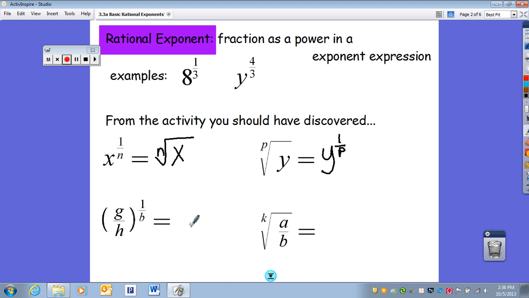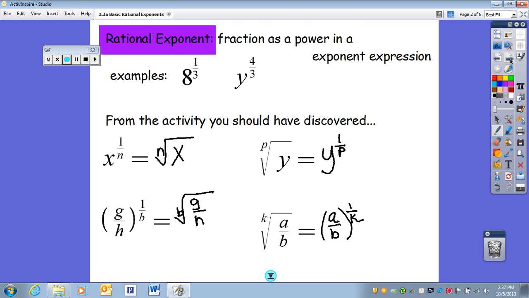When we have a fraction that is to the 1/b power, that's simply going to mean that that is the root and that the fraction is under the radical. And when we have a fraction under the radical, that fraction simply is taken to that power, which is 1/k.